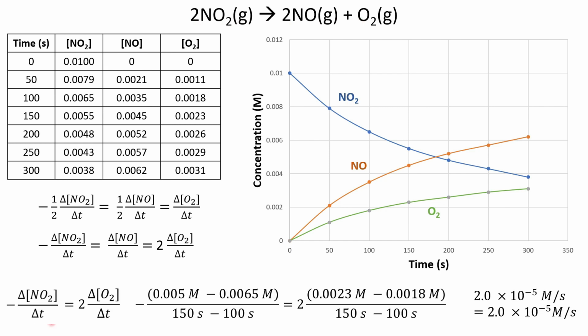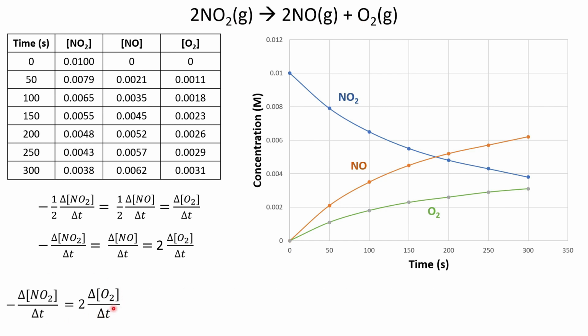Okay, so I'm setting out to prove mathematically that my change in nitrogen dioxide is going to be the same as 2 times the change of oxygen. Again, I need to make sure my delta T is the same for both of them. So I am going to choose the interval from 100 to 150 seconds. Again, the interval doesn't matter, just as long as you're consistent between it. Remembering delta is final minus initial.